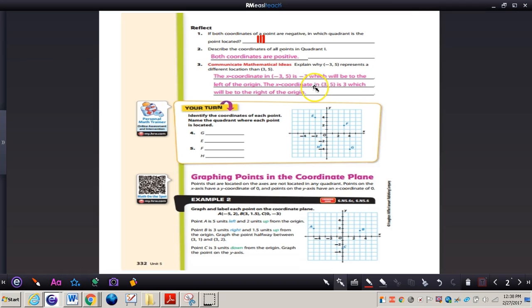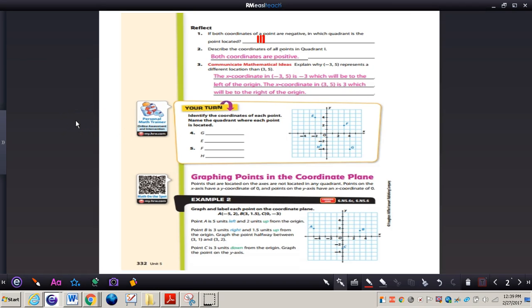The x-coordinate in point (3, 5) is 3, which will be to the right of the origin. So instead of going to the left, which is negative, we go to the right, which is positive. And then from there, both of them do go up, because the second number is 5, which means you can see it would move up on the y-axis.